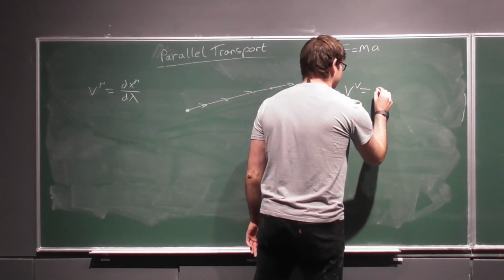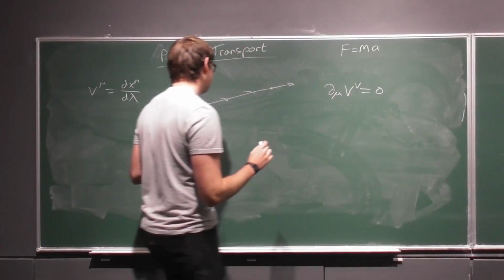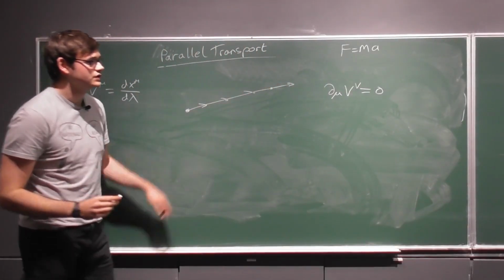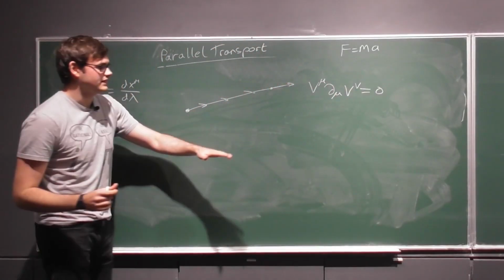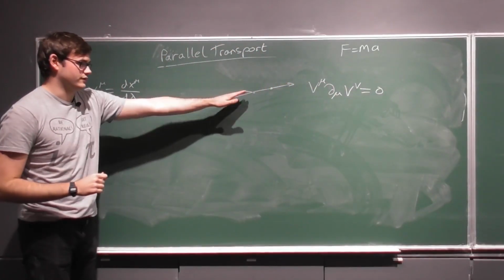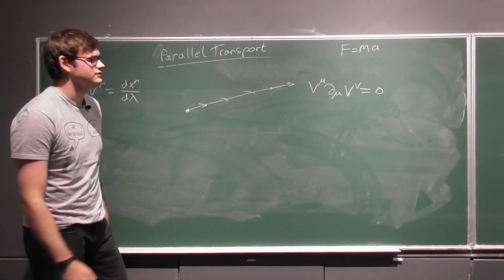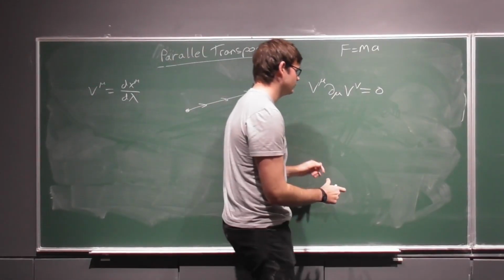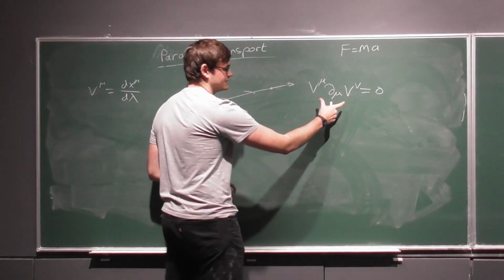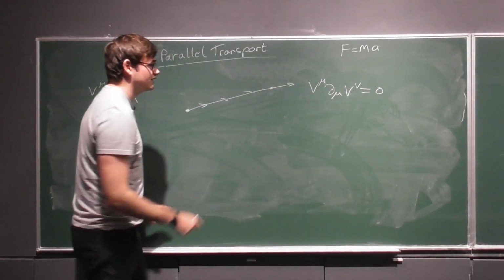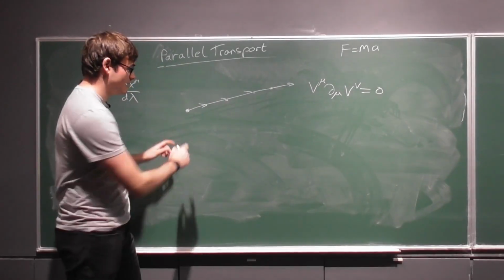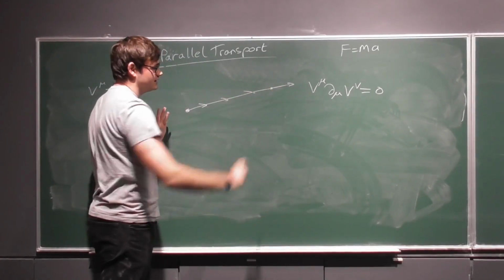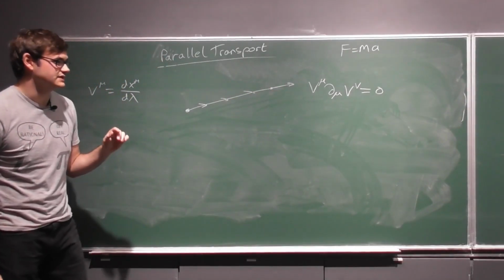Specifically, it's along the direction of motion, so if we want to make it along the trajectory, we just dot it with this velocity vector, as that's always along the trajectory. To reiterate, the velocity vector should not change spatially along the direction of motion. That's what this statement means.